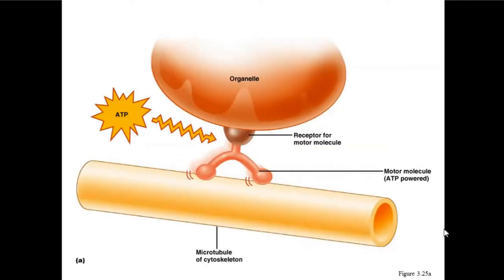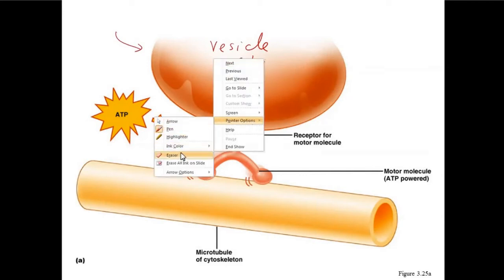So, just to refresh what was covered last time we met, here's a composite illustrating an organelle, and I think we used a vesicle as an example. That's a good example because vesicles do carry neurotransmitters.